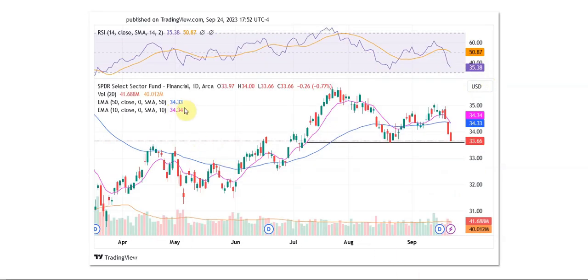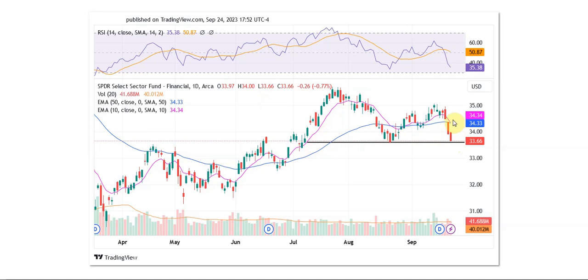And we've got the financials, XLF. This too is an ETF. The only promising thing I can say here is that we're on support. Hit support in August, again support on Friday. Terrible close.